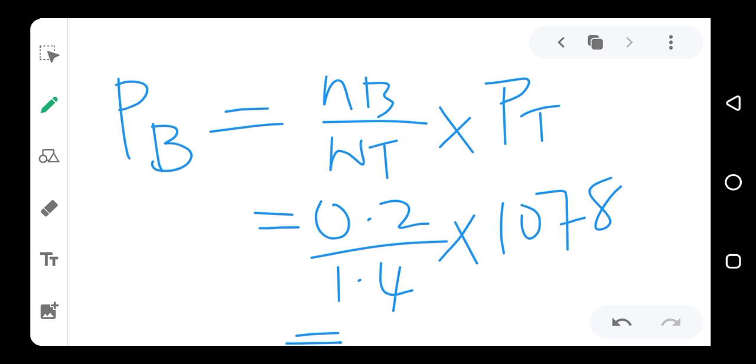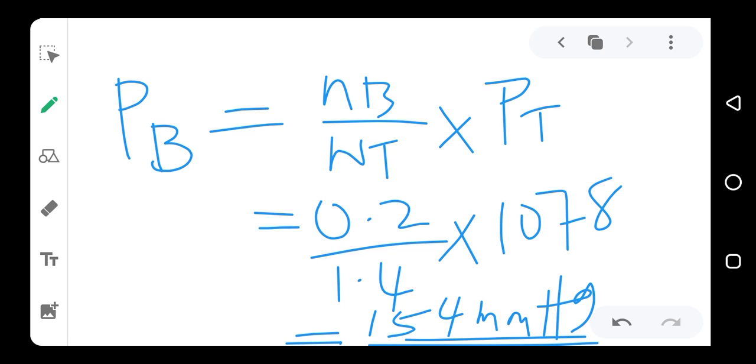This will give us 154 millimeter mercury. So this is the answer for gas B. The partial pressure of gas B is 154 millimeter mercury.